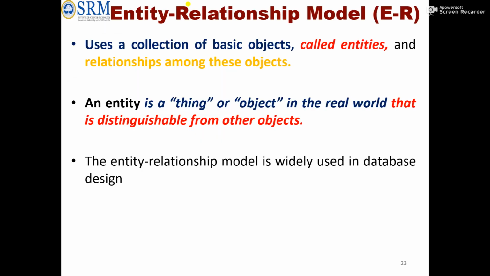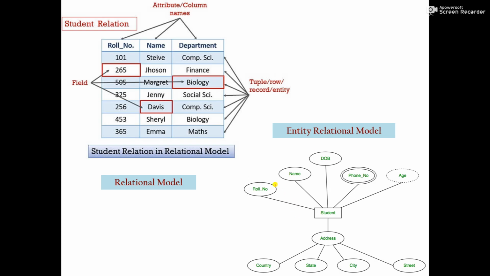Whereas in the entity relationship model, now here in this ER model, we are using a collection of basic objects, which are called entities. Based on this, we derive the relationship. This is an example where I converted the same thing into another model, called the entity relationship model.